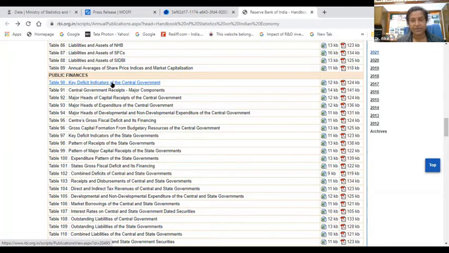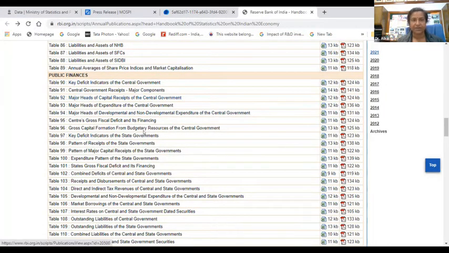So that is a kind of department which is collecting the actual government expenditure, central government expenditure or different state governments' expenditure. Suppose if you want to assess how much the Andhra Pradesh government has spent on agriculture and allied activities in 2021, then you need to go to the Comptroller and Auditor General of India.